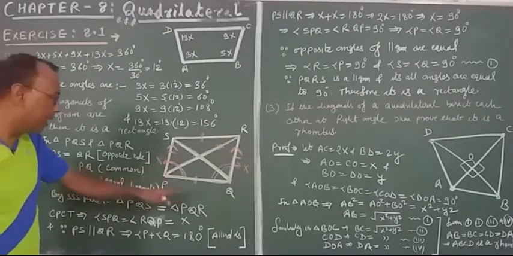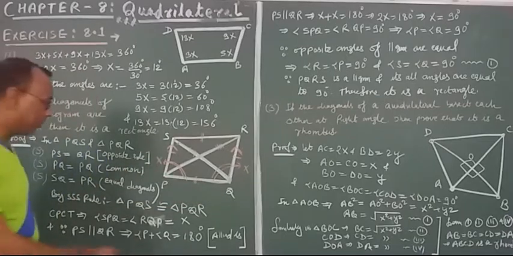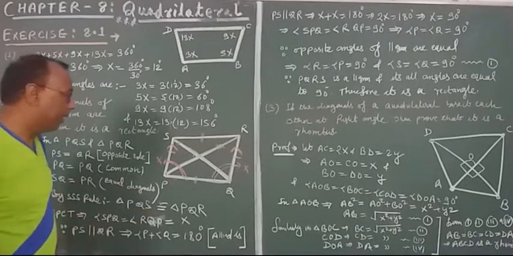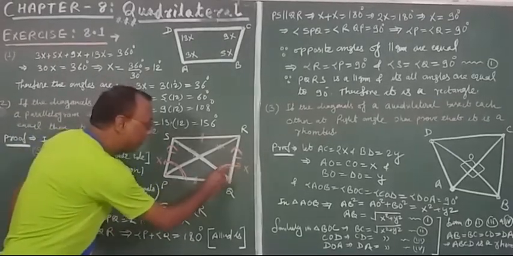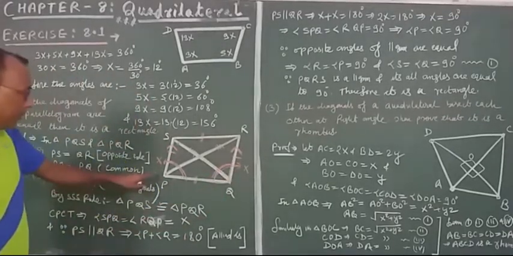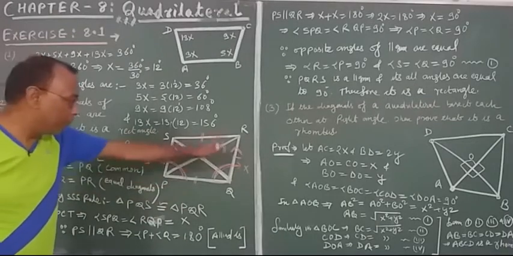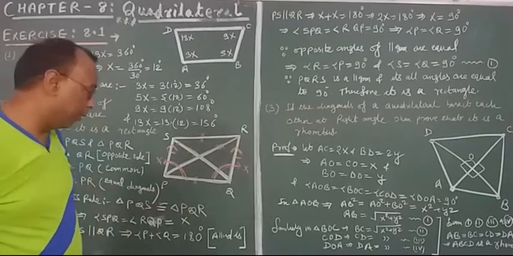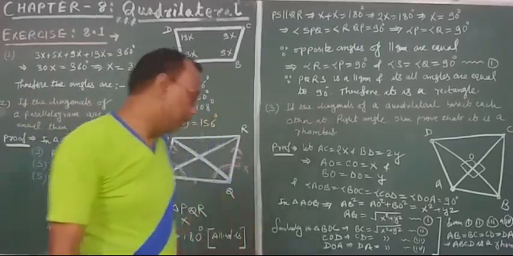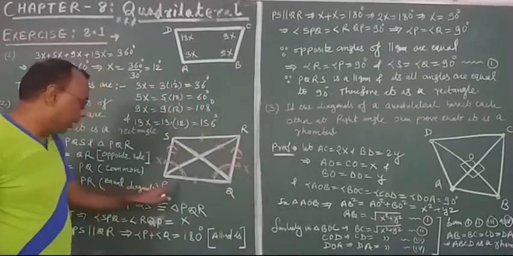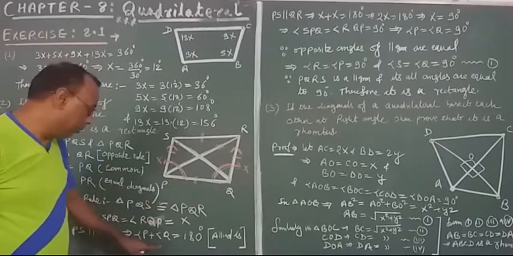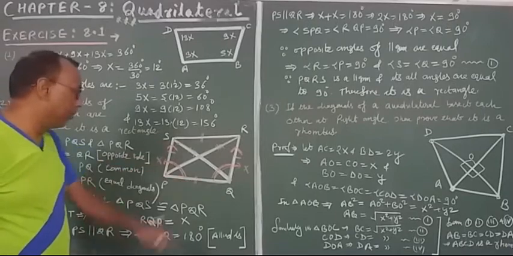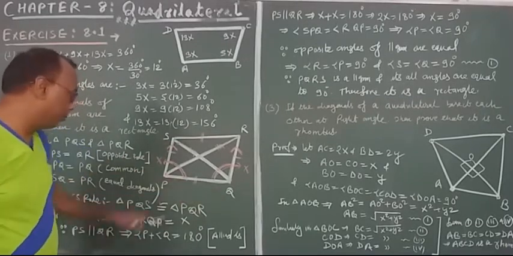So since PS is parallel to QR, the sum of angle P and angle Q will be 180 degrees because they are allied angles. Therefore angle P plus angle Q is equal to 180 degrees. Angle P means SPQ and this was RQP.